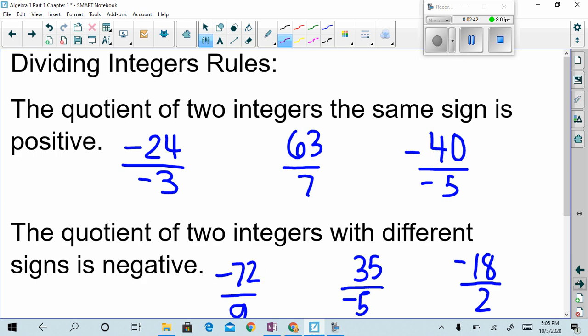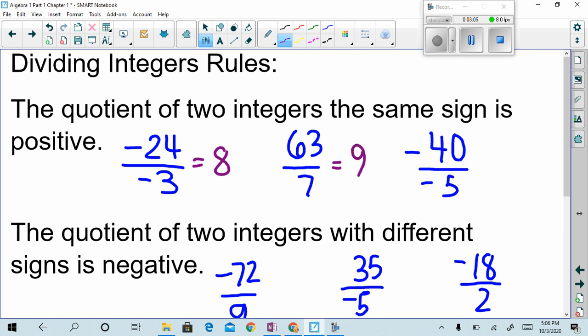So on to division problems today. The quotient of two integers with the same sign is positive. Same signs, positive quotient. Negative 24 divided by 3 will give me 8. Same signs, positive quotient. 63 divided by 7 is 9.